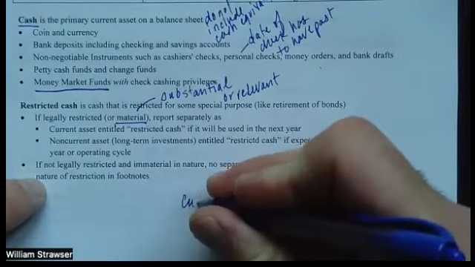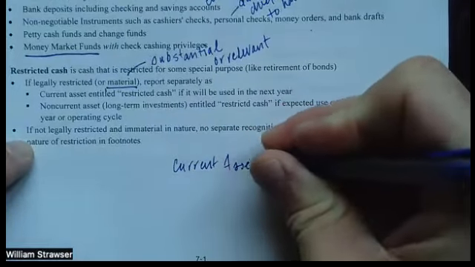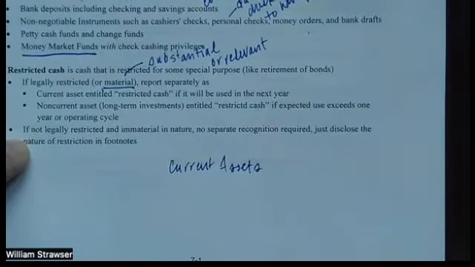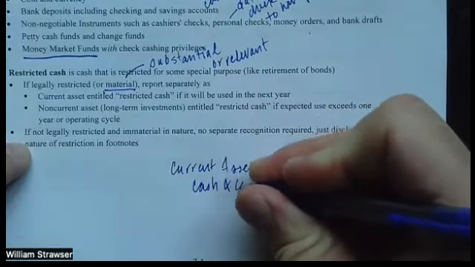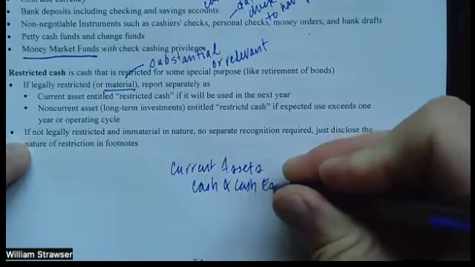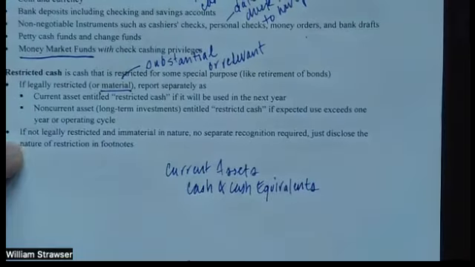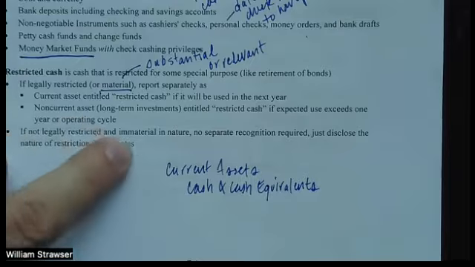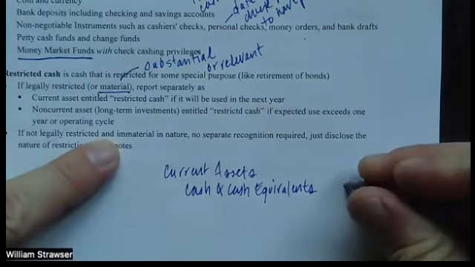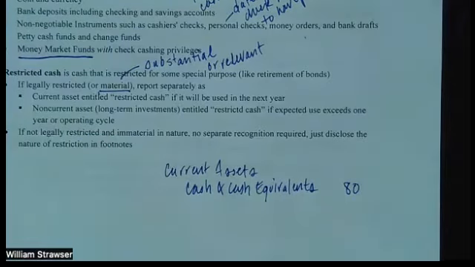If it's a current asset, it's called restricted cash. So if we're thinking about a balance sheet and we have our current assets section, which is at the top because they're the most liquid, we have cash and cash equivalents. Going with that idea, I had $100 and 20 of it is restricted, then I would only report 80 here as the amount that is my most liquid asset.